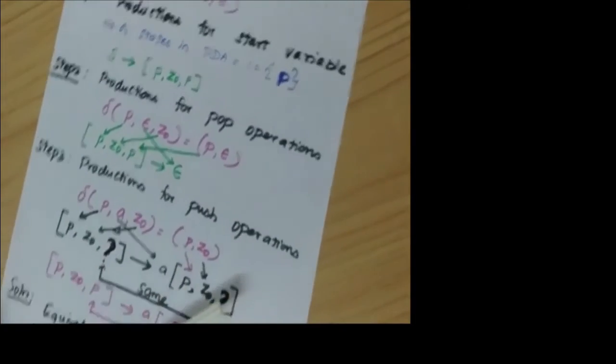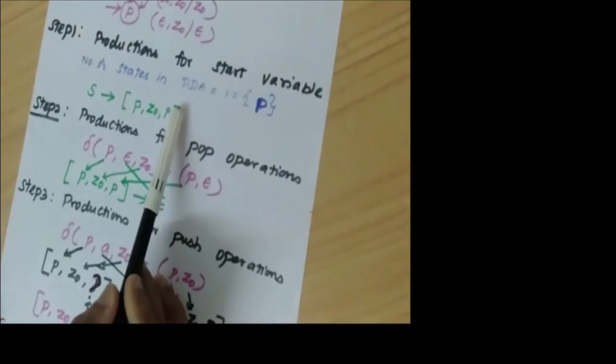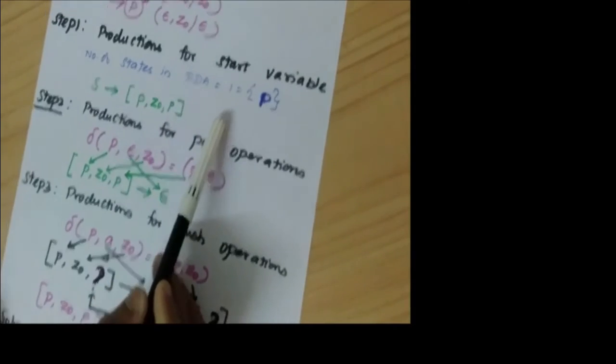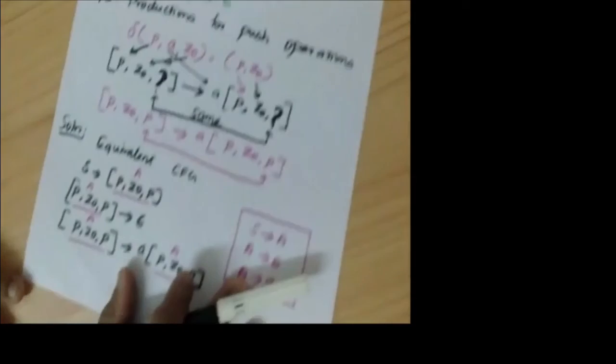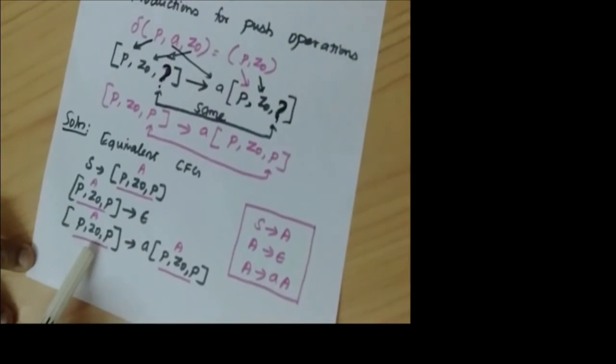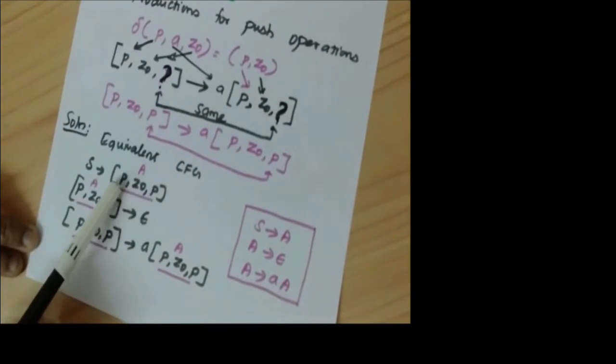If you write all the productions, this is the first production for the start variable, this is the second production, this is the third production. You will have it like this. I already told that the triplets are nothing but variables. So wherever the triplet P Z0 P is present in the converted grammar, I rename it as some variable name.